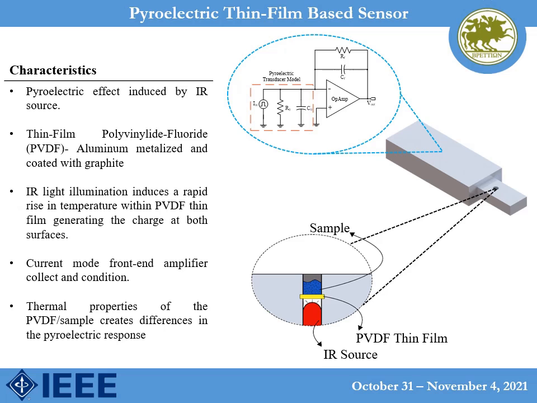It is coated with aluminum and graphite and is placed in thermal contact with the sample. An infrared source at about 850 nanometers is used to stimulate the pyroelectric element. Charge generated by the PVDF is acquired and processed by the front-end amplifier, designed as a charge-sensitive amplifier topology.